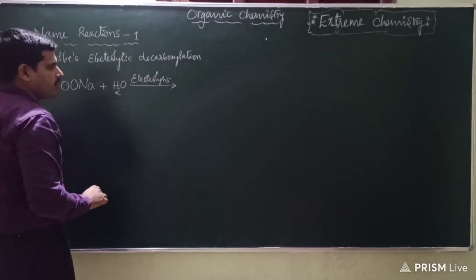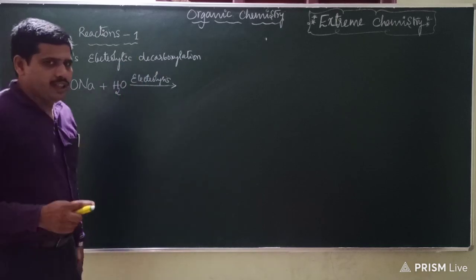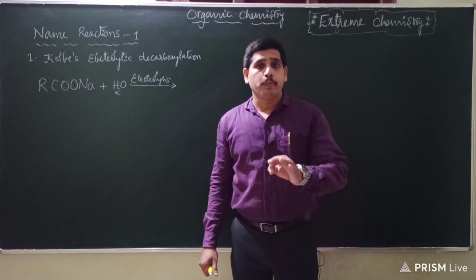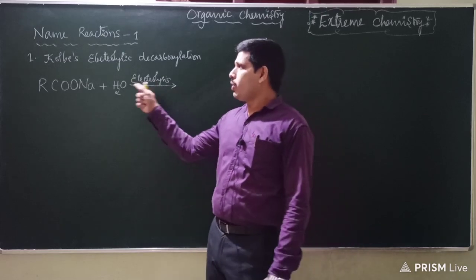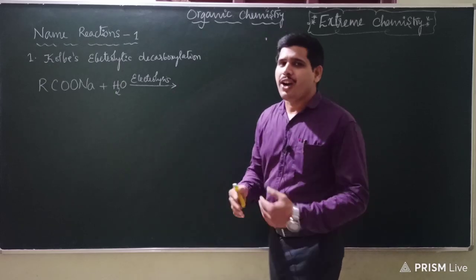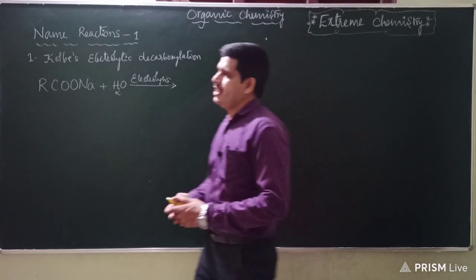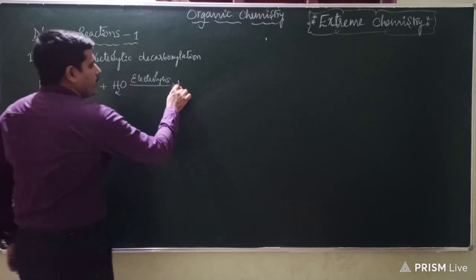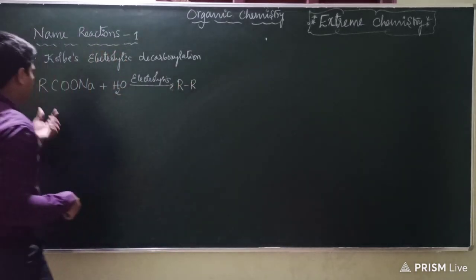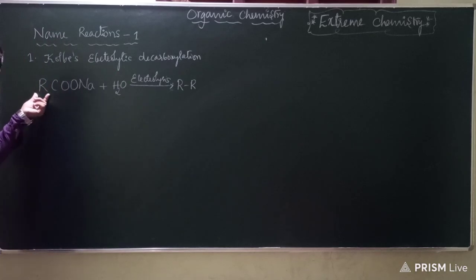So what am I going to get? Our intention in this particular concept is to prepare alkane. This is one of the methods, as I said earlier, to prepare alkane. So how does alkane formation take place? In this way: you will get R and R, two R groups joined together. What are R groups?